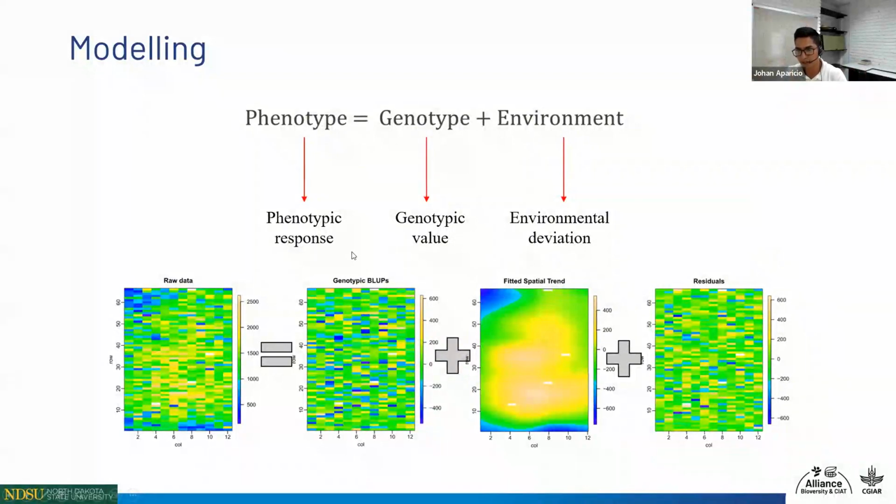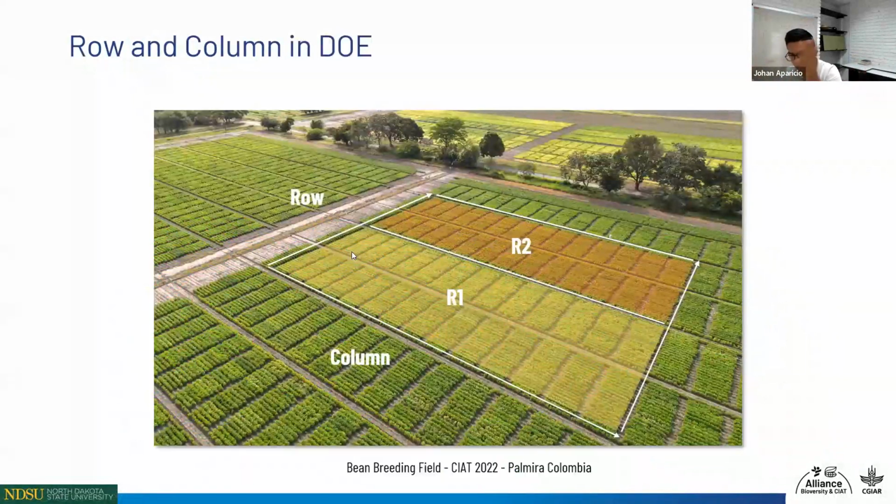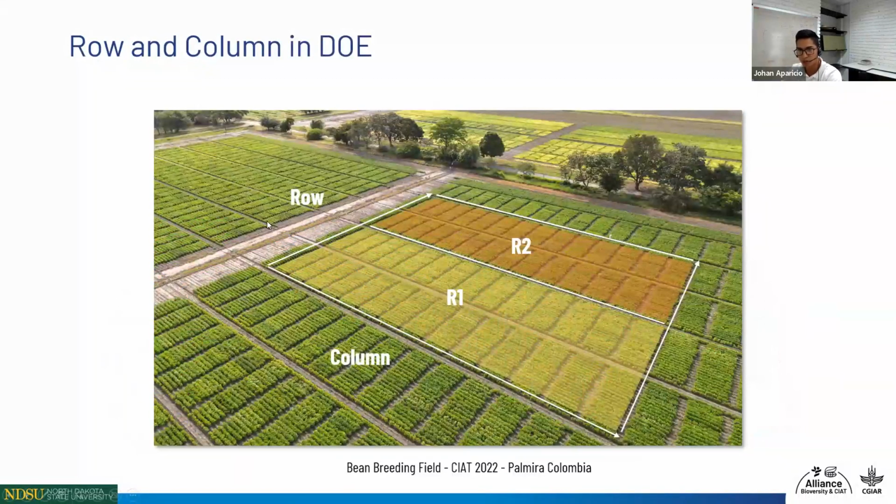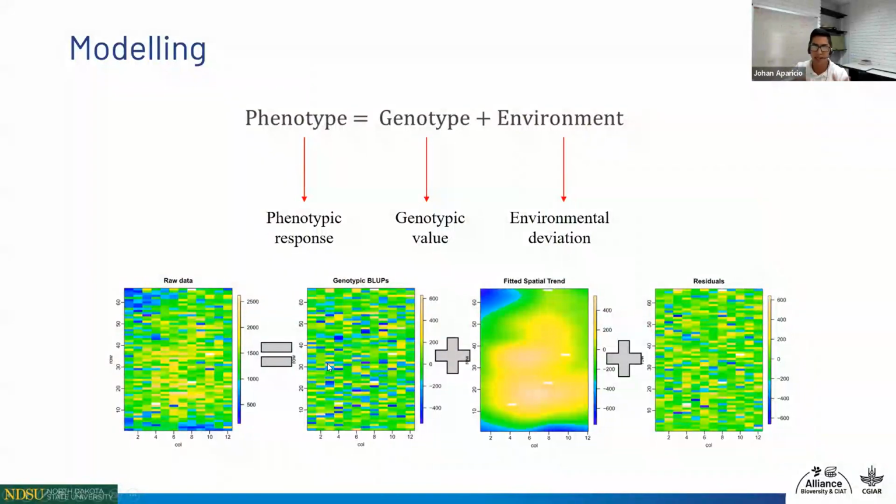When it comes to field trials, what we try is basically to separate the different sources of variation. We have here the raw data. Now it's easy to understand this plot because we already know what row and column mean. This is showing us the response variable using the row and column information.